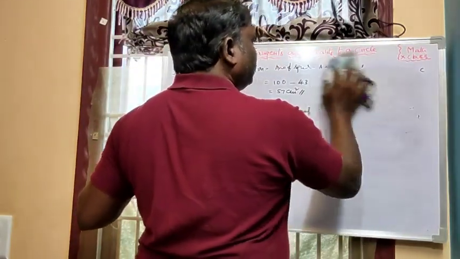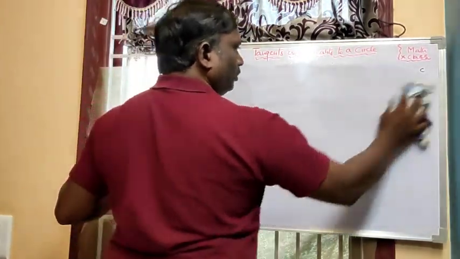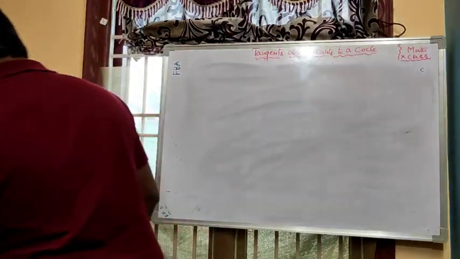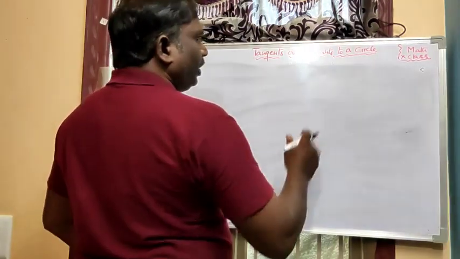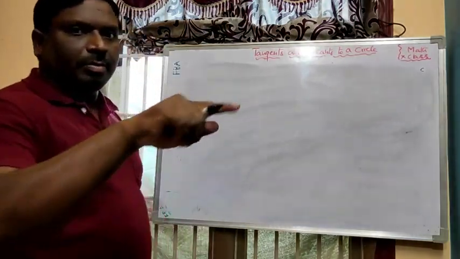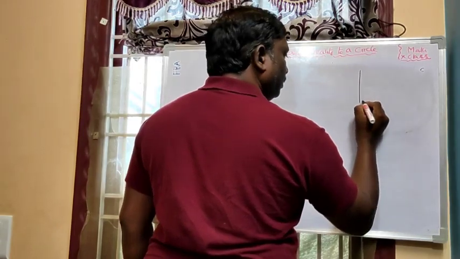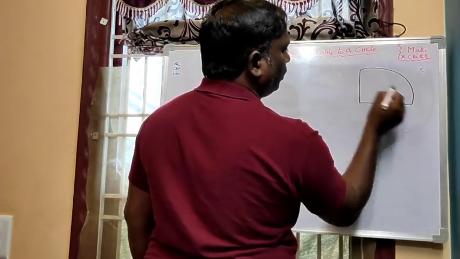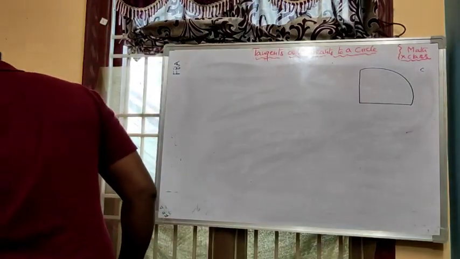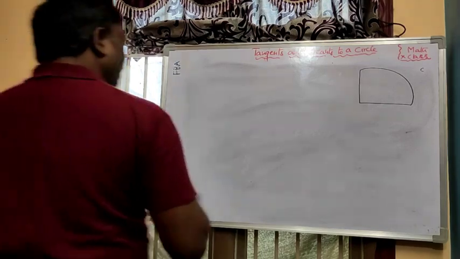If you go to the sixth question. The sixth question is: in the figure OACB is a quadrant of a circle. Quadrant of a circle means quarter part, 1/4 of the circle. They give it like this, a quarter part of the circle with center O and radius 3.5 centimeters.